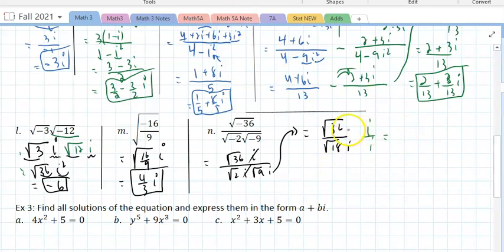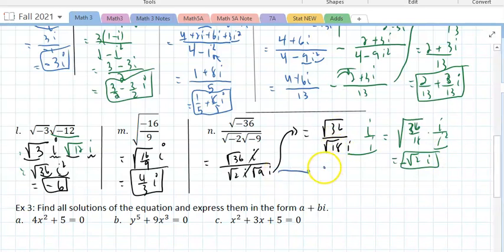That would be the square root of 36 over 18, I over I squared. I'm so stuck on 16. I don't know why 16 is stuck in my head. And 36 divided by 18 is a 2. That's a negative and an I. And you're done.